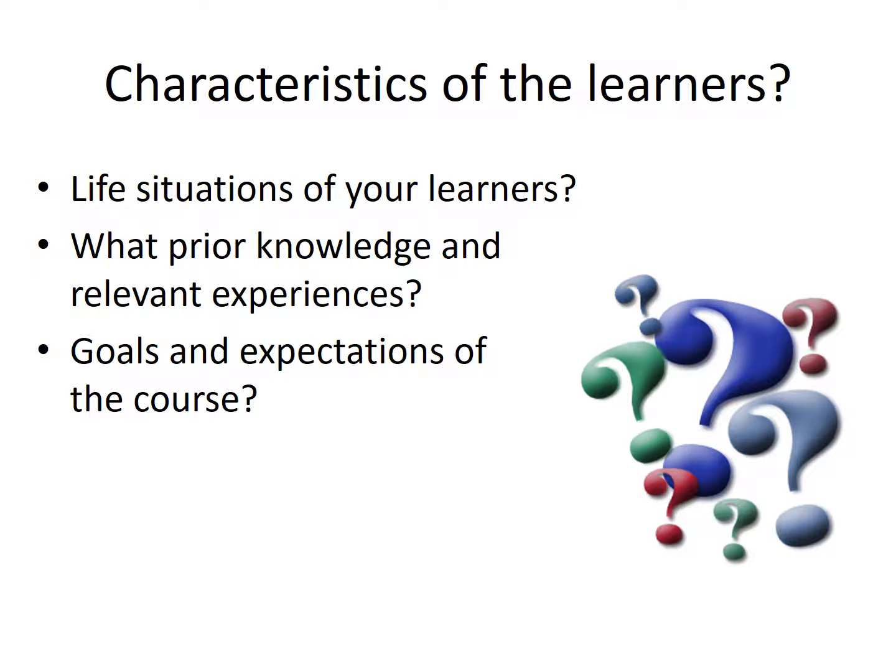And then finally, there are probably some goals and expectations, a course outline, a curriculum plan that you've received from the program curriculum committee that tells you what the learning outcomes and goals are to some level, expectations for your course design. Those will be passed on to your learners, who will be expected to achieve those learning outcomes.